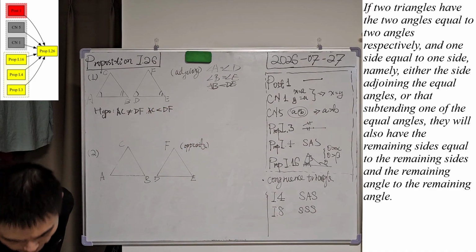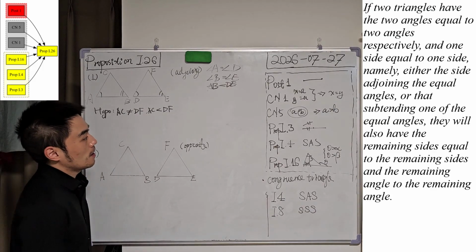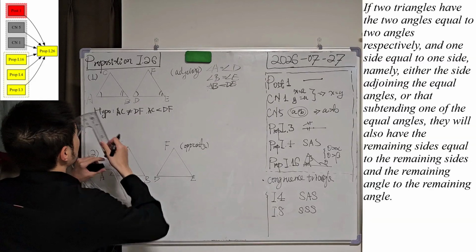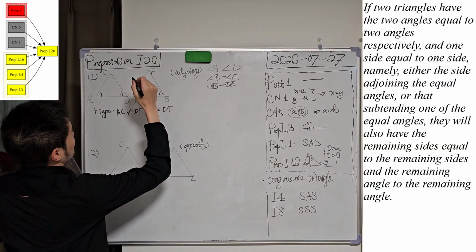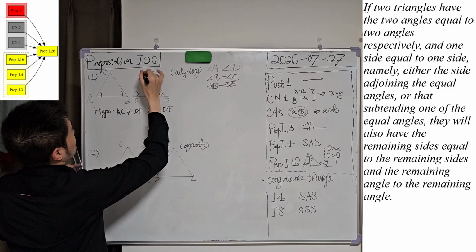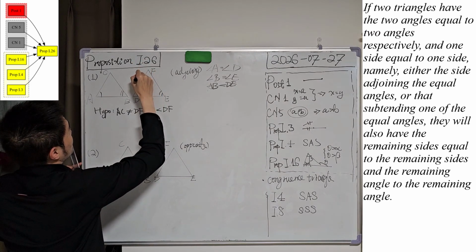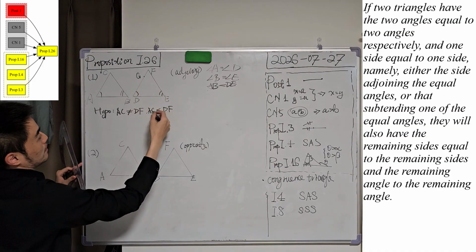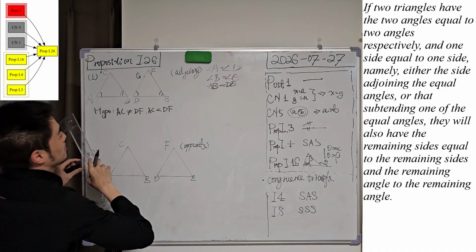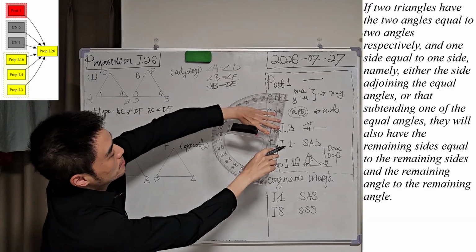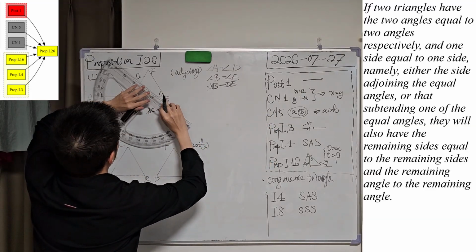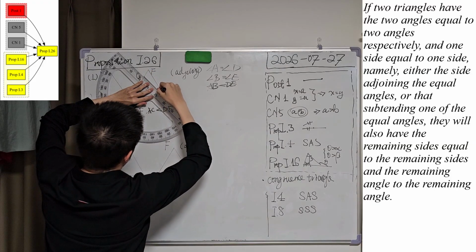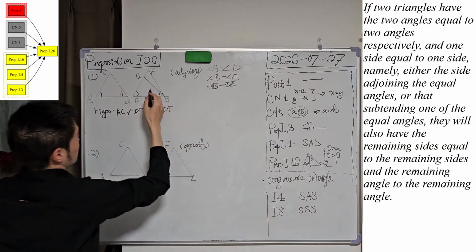Please recall proposition 3, that we are able to cut off DG, which is equal to AC, because DF is longer than AC. Then using postulate 1, we join GE to construct this straight line.